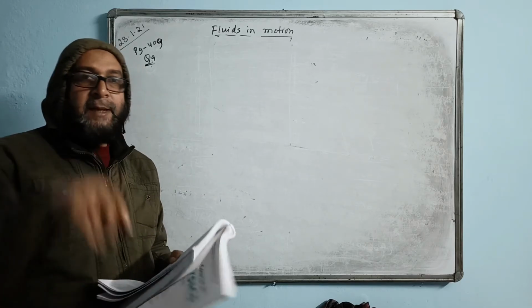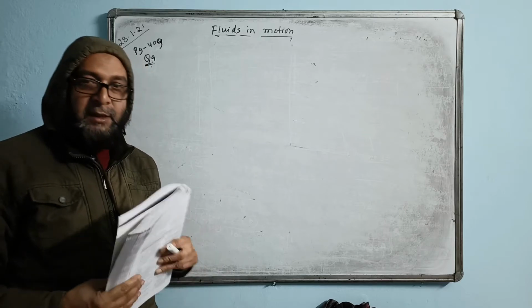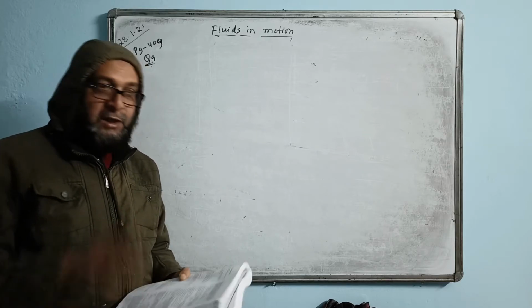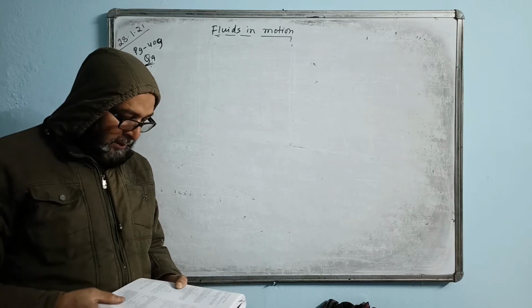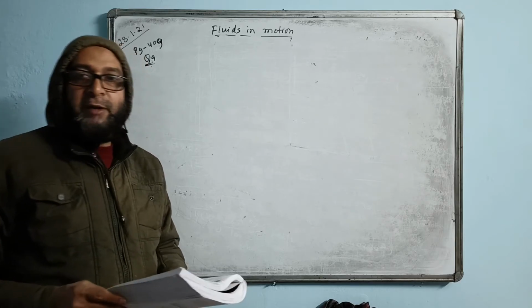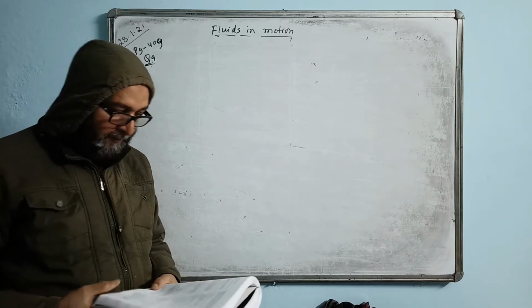h1 and h2, where h2 is less than h1, that means h2 is less than h1, as measured from the floor.